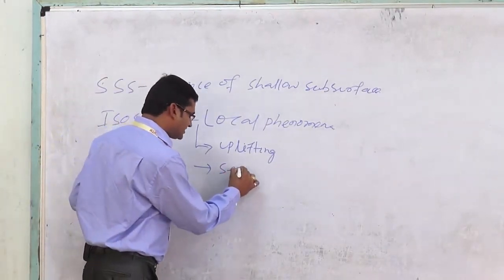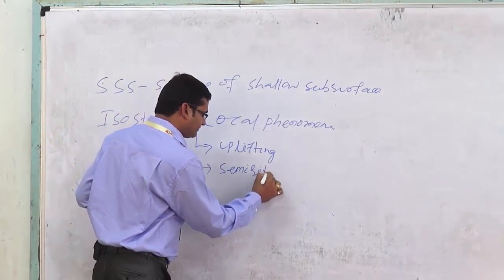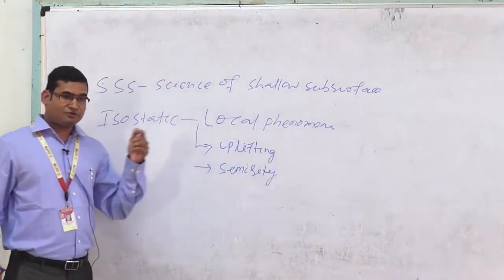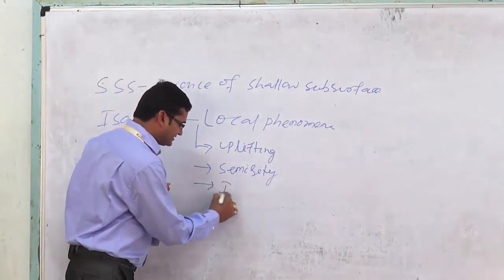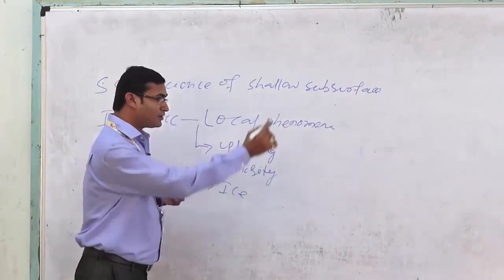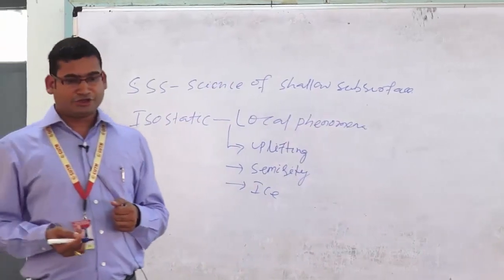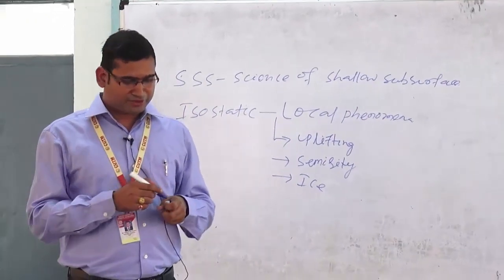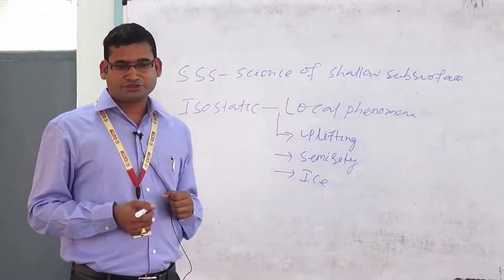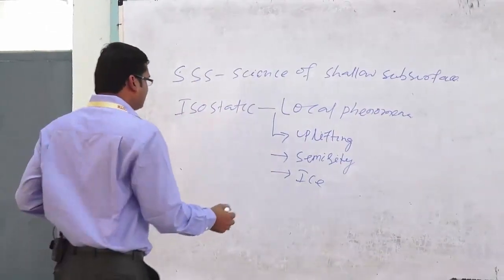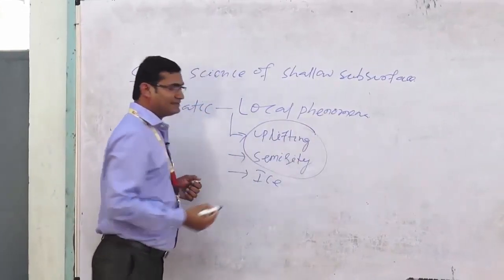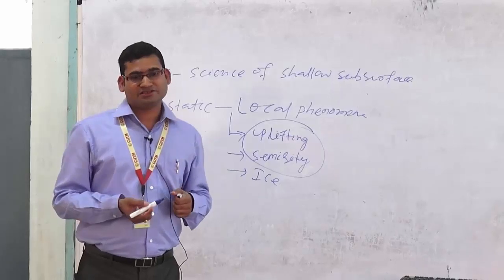And another is ice. But whenever we come to the Indian continent, particularly southern India, where Tamil Nadu is situated, these two things are highlighted, that is uplifting and seismicity.